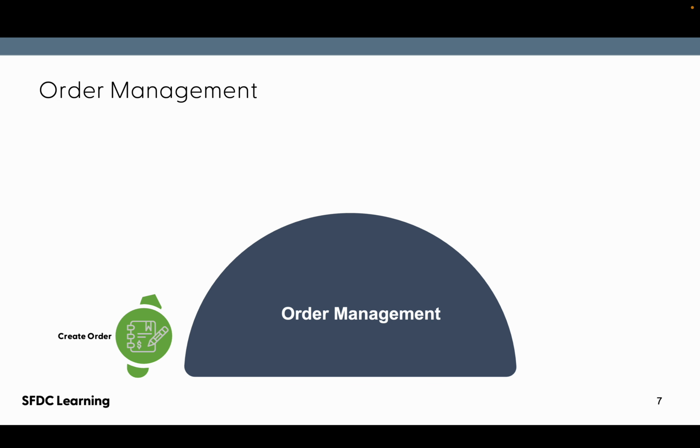So create order, right? So whether it's a manual process or automation, you're going to create an order from your proposal. Then it will go for the inventory check, whether we are able to deliver it or not, whether we have an inventory or not. It's kind of a fulfillment process, okay, that we talked about, right?